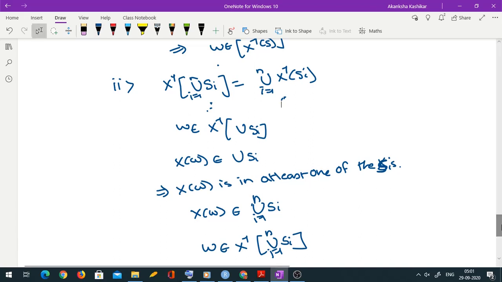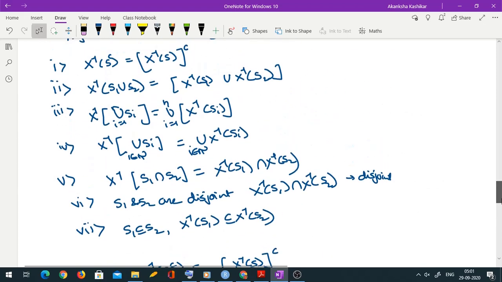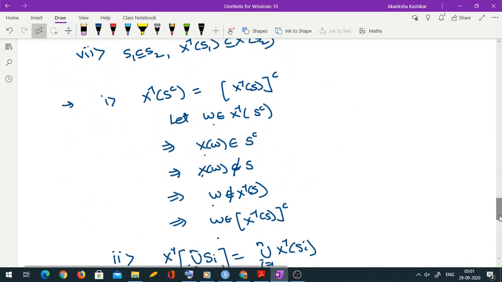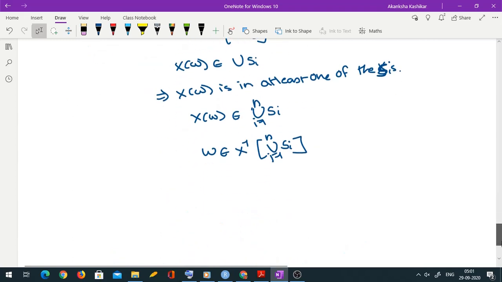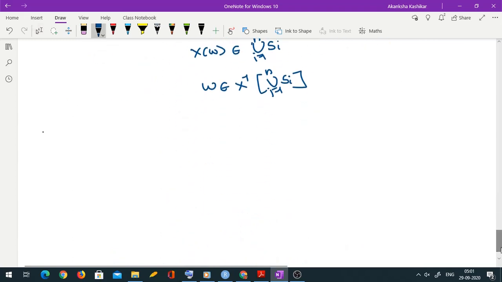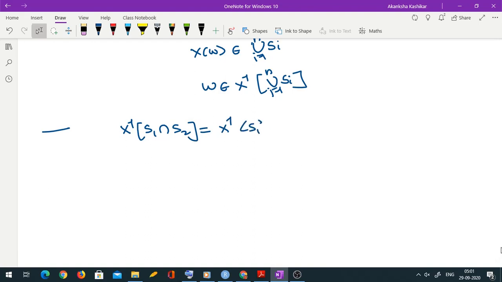Okay. So we have proved complementation, union, finite union. From that you can exactly do countable union, intersection, disjointness, and subset. So intersection is also okay. Let me try intersection of two sets. We have to prove x inverse of S1 intersection S2 is the same as x inverse of S1 intersection with x inverse of S2. Okay, so let omega belong to x inverse of S1 intersection S2.